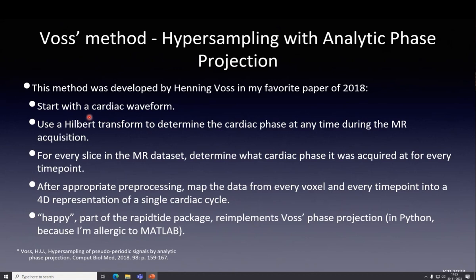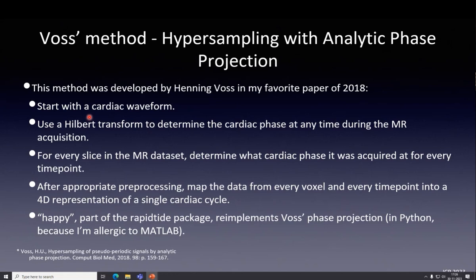And if you know the cardiac phase for every time point, you can make a single cardiac cycle by rebinning the data, and it's like a Cine acquisition. That's what they did with doing heart imaging that way. It's not exactly the same, but it's pretty close, and it's really neat. And I wanted to do that.